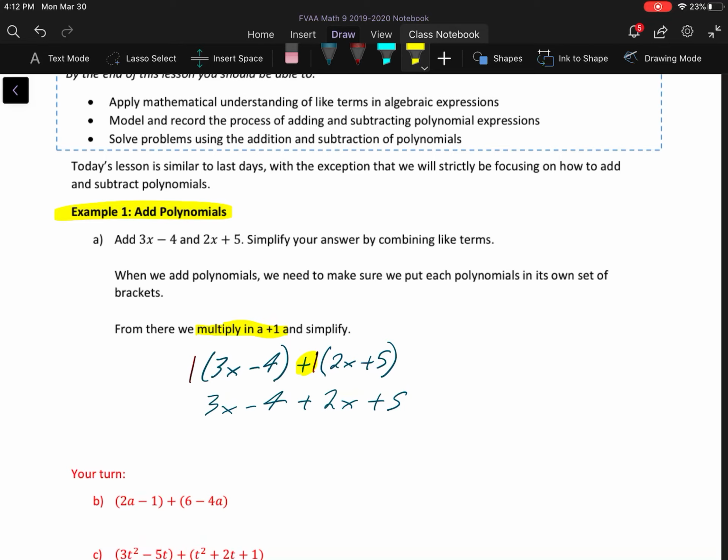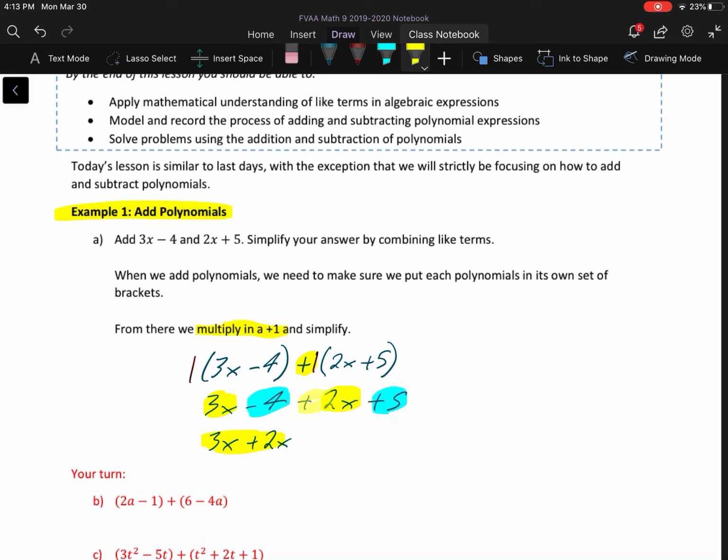So I want to find my like terms. I can see that 3x and 2x have the same variable at the same degree, and so those are like terms. So 3x plus 2x. And then the other two are negative 4 and positive 5.